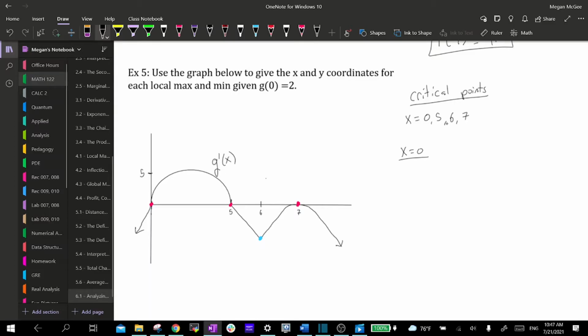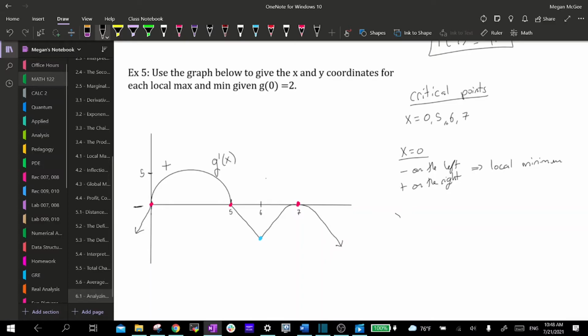So to the left of x is equal to 0, we are negative, and to the right, we are positive. So we're negative going to positive, so this gives us a local minimum.